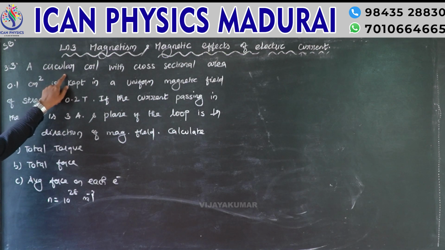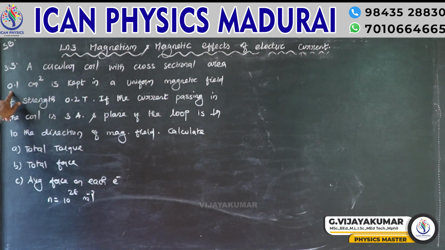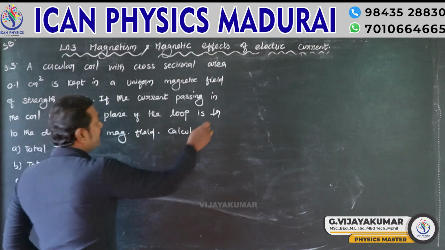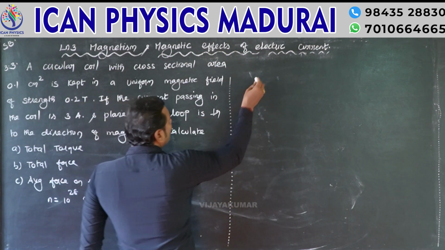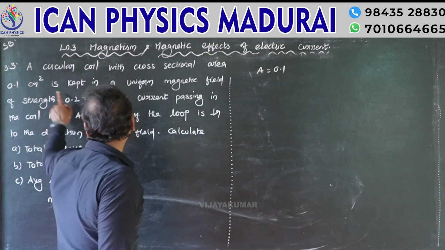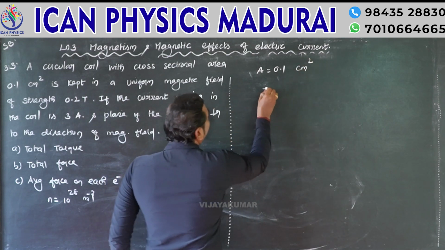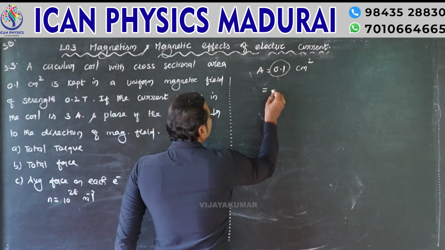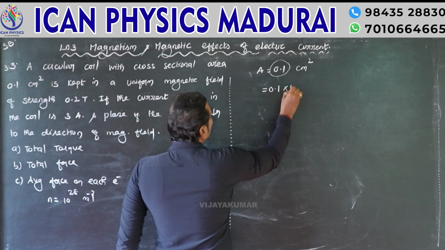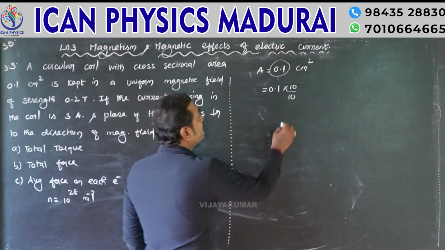A circular coil with a cross-sectional area of 0.1 centimeter square. So, what is the area of the coil? That is 0.1, and it is given in centimeter square. Now I want to convert it: 1 decimal point, so it is multiplied and divided by 10.